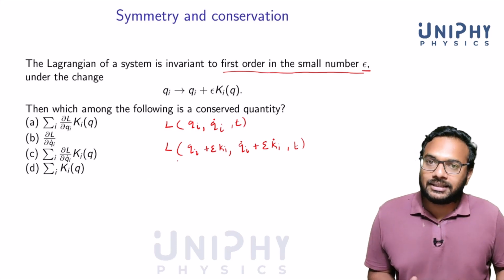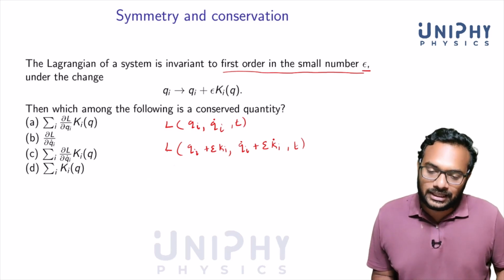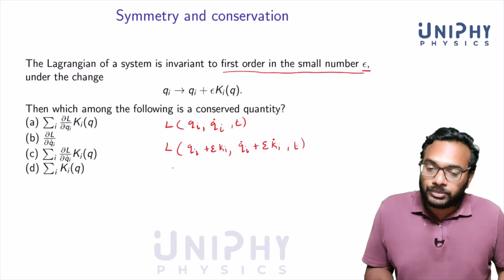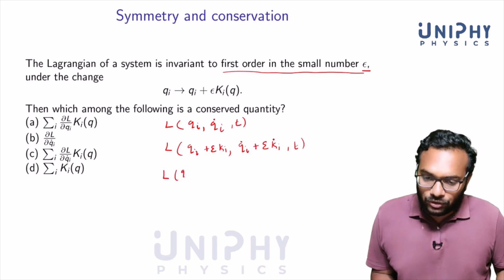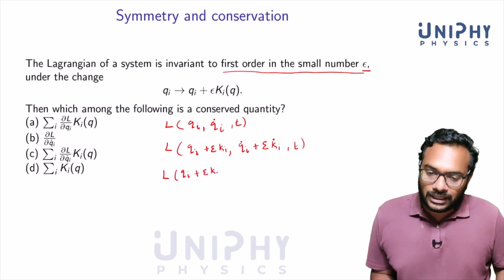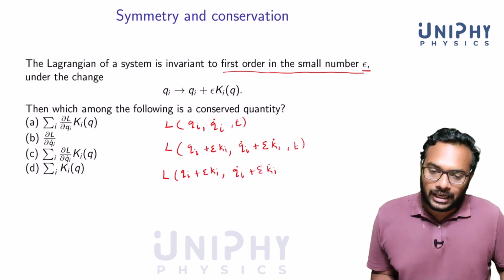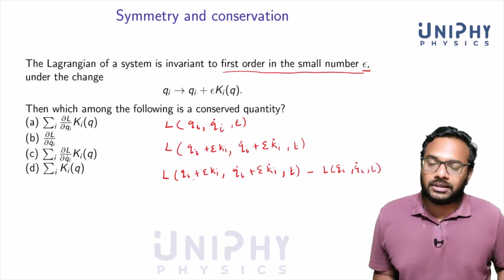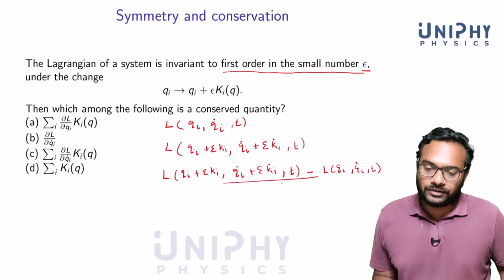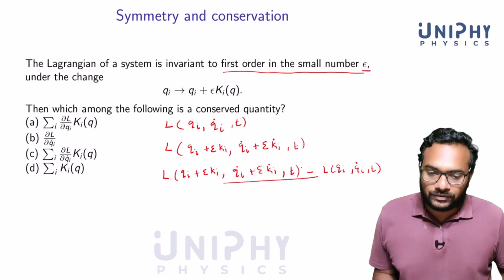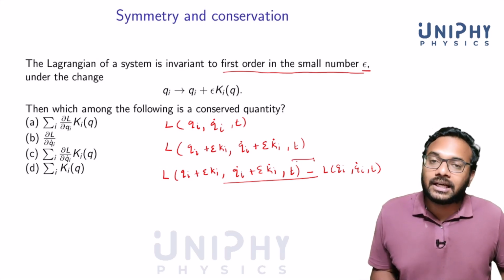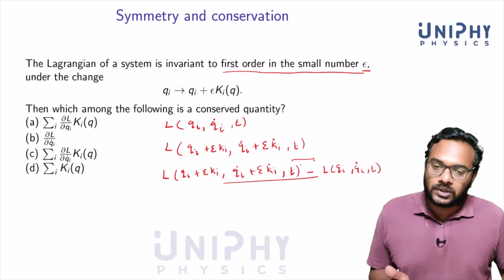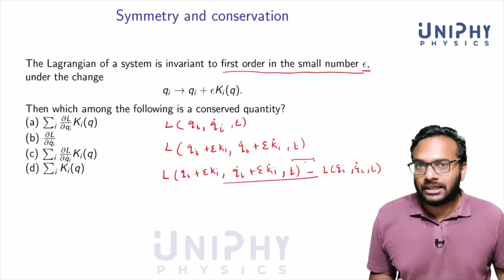Now we need to demand, as given in the question, that the Lagrangian is invariant up to first order. So we take L of qi plus epsilon ki, qi dot plus epsilon ki dot, minus L of qi, qi dot, t. We find this difference, and if there are no terms up to first order in epsilon in this difference, then we say that the Lagrangian is invariant up to first order.